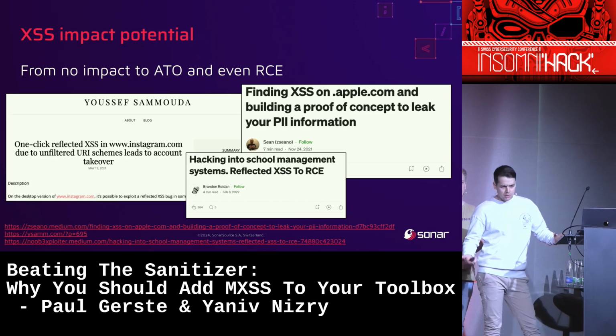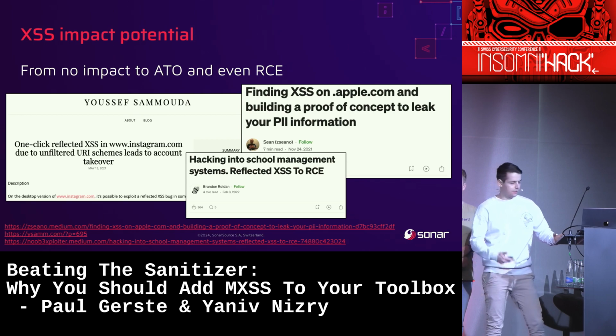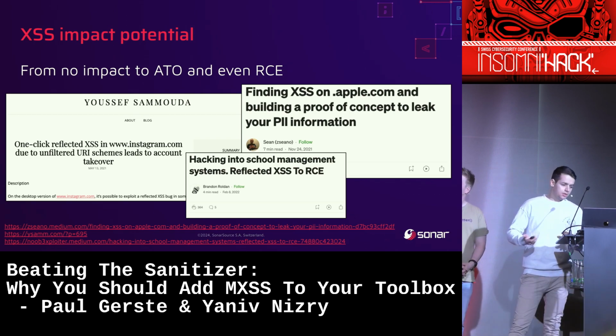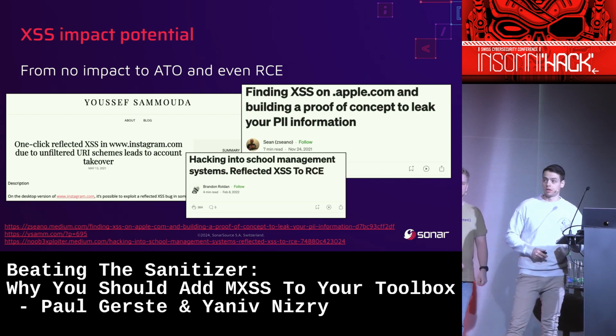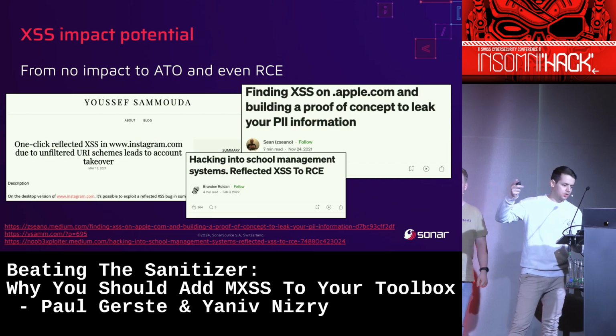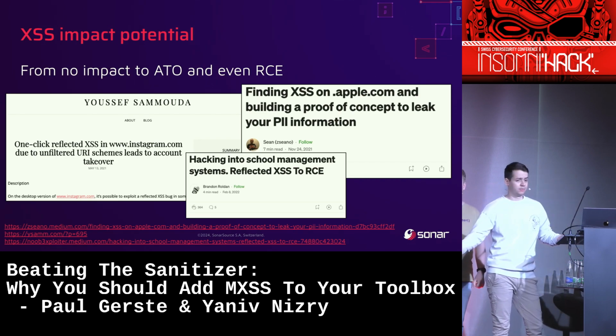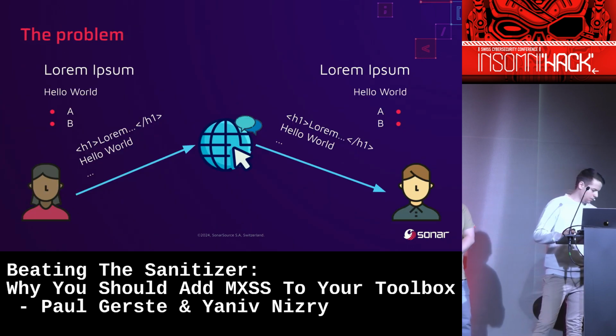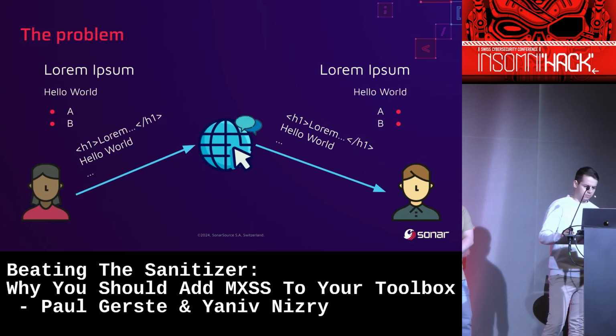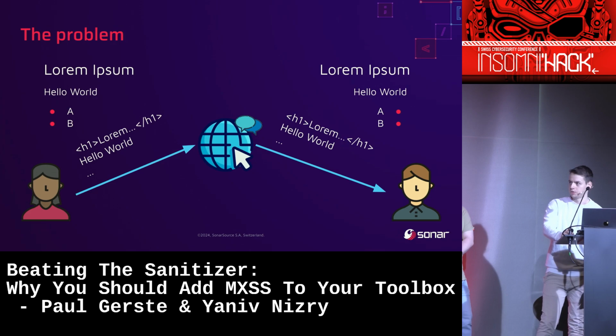When talking about the impact of XSS, it could vary quite a lot. It could have no impact at all, but it could also have devastating ones, from information leakage to account takeover, and even RCEs in some cases. One major problem that forums could face is, let's say we do want to support some HTML features.